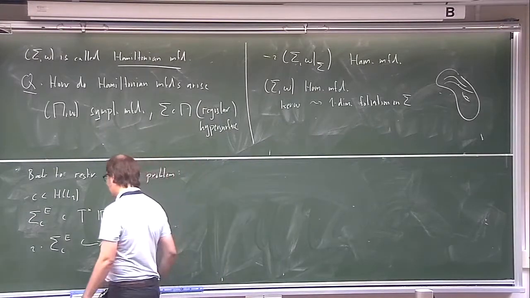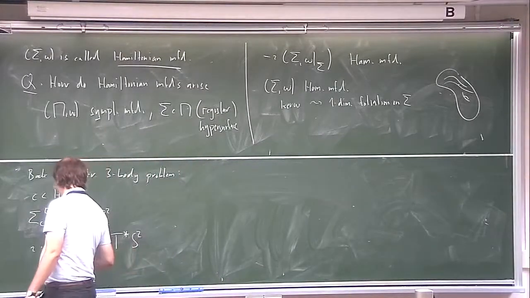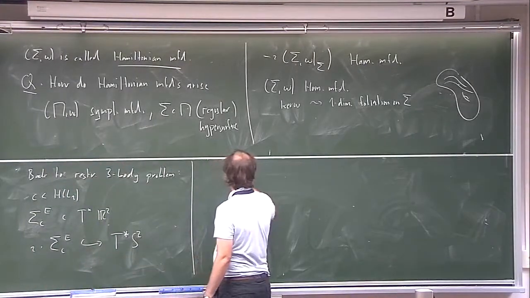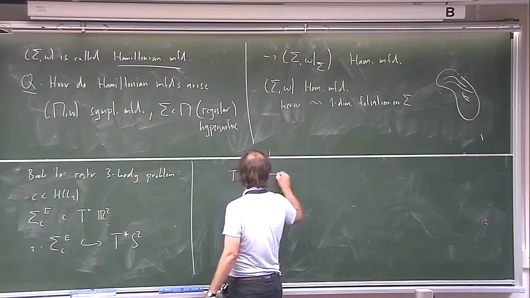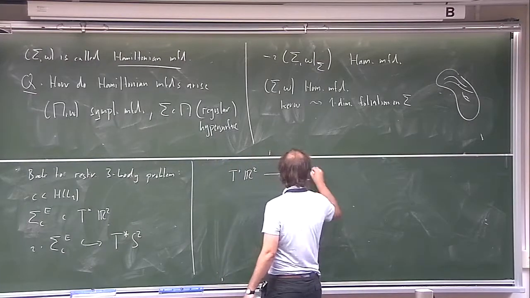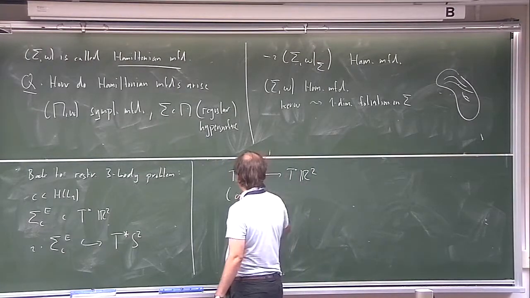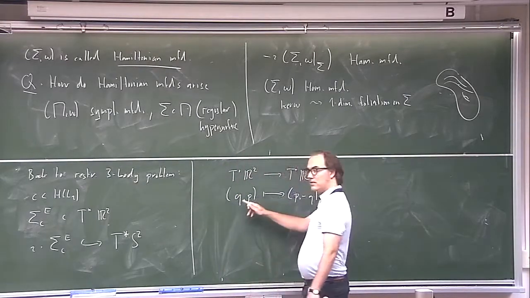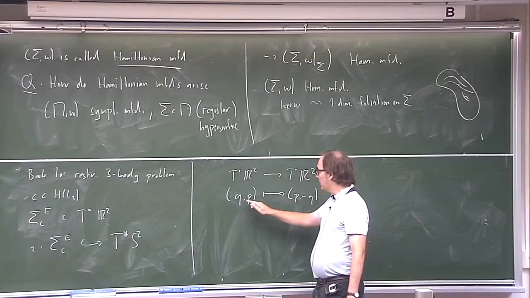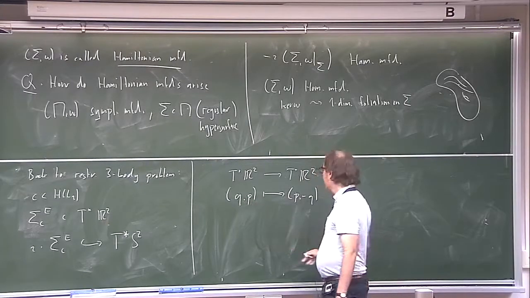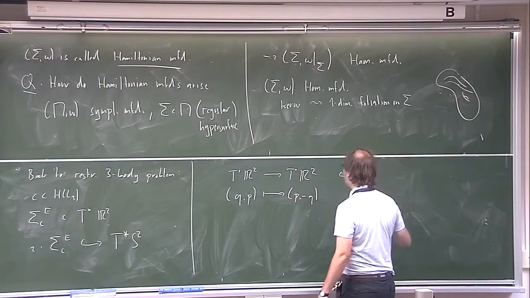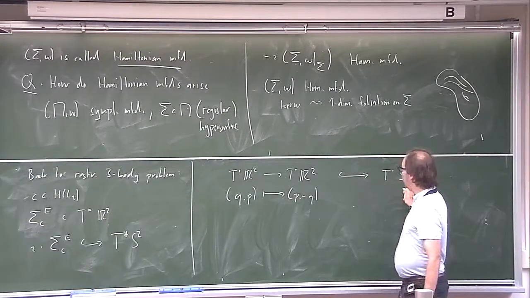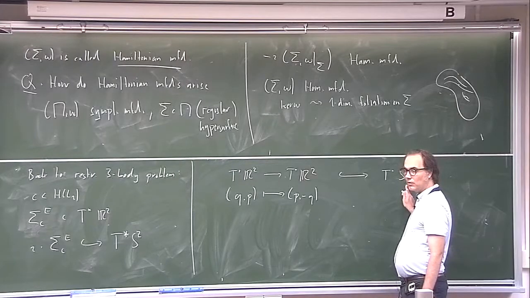Namely, we first have the map from T*R2 to T*R2 which interchanges fiber and base. And then we have the embedding into the cotangent bundle of S2.